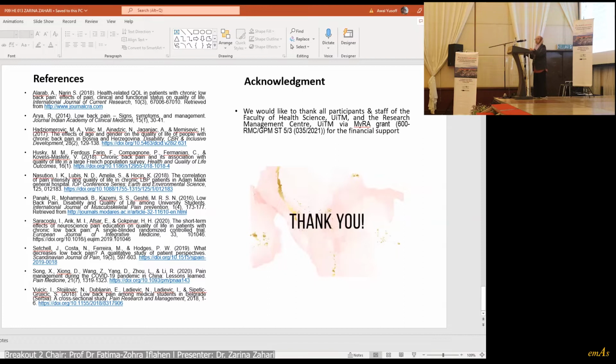They must understand why it happened, what happened to the structure, and so on. We also have to let people understand the causes, not only the anatomy. What are the common causes that may contribute to low back pain?